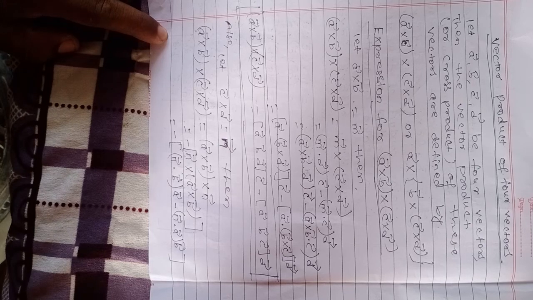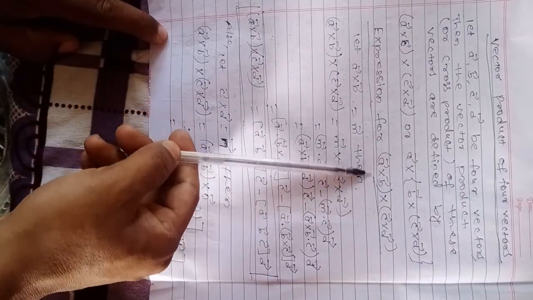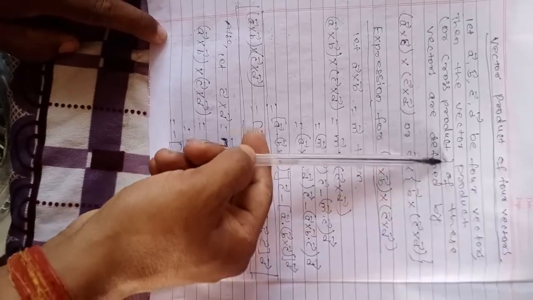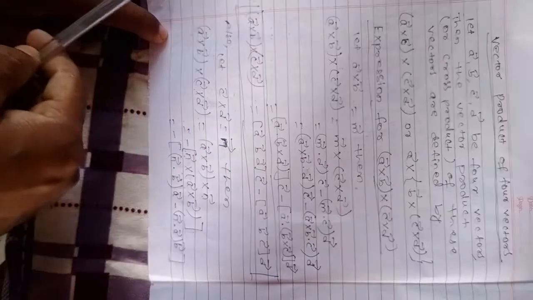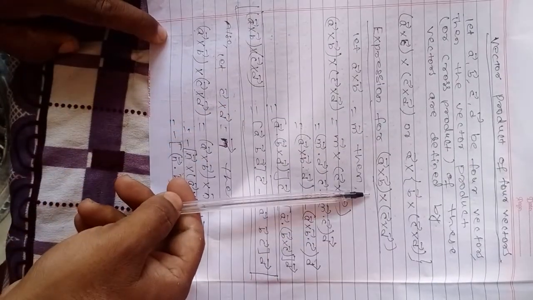What will be the expression for the vector product of four vectors? So we are going to find the expression for this type of vector, a cross b cross c cross d. We can find it in this vector expression too, but it will be different from this. Now we are going to find this expression.